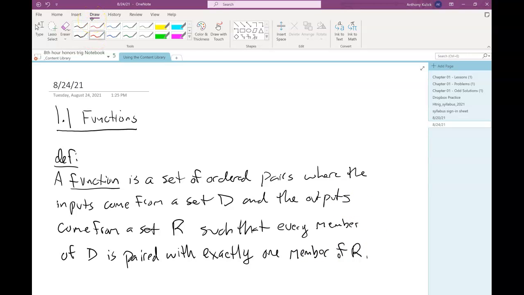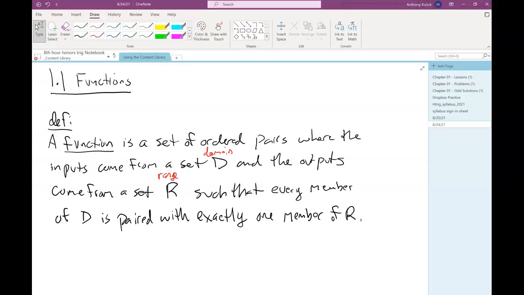So we say that a function is a set of ordered pairs where the inputs come from a set D. We often call that set the domain. And the outputs come from some set R that we often call the range, such that every member of D is paired with exactly one member of R.